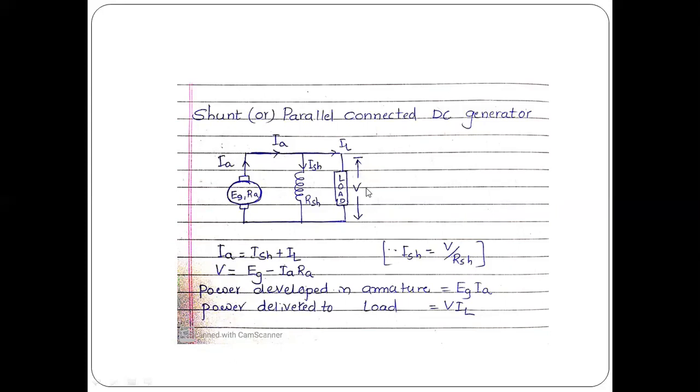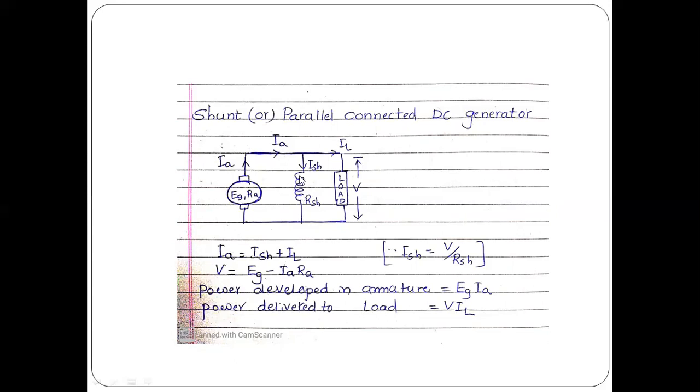The voltage across this terminal is nothing but, if we take the armature part, EG minus I into RA. RA is hidden inside the armature, and we have to consider that hidden resistance. Why are we not taking this one?